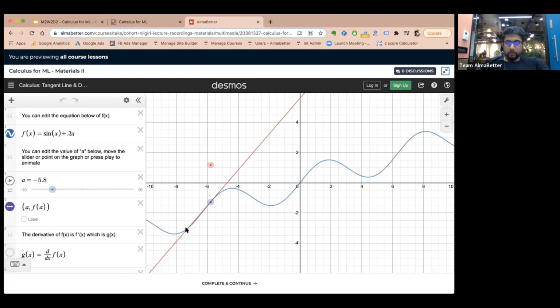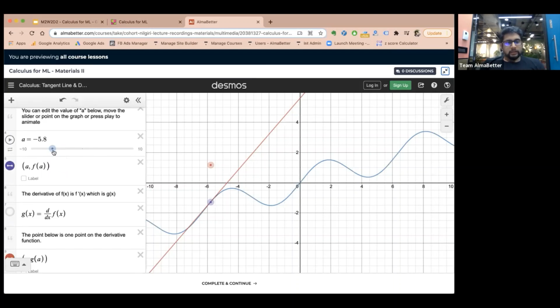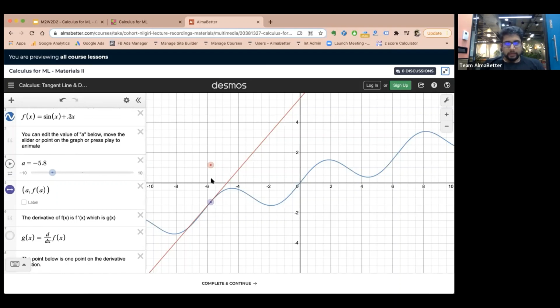Let's say I have a function denoted by sin x plus 0.3x. This is denoted by the blue line. Now let's say you want to see how the derivative is changing with x. Here is a slider that is provided, so you can vary the value of a, which is nothing but this value of x.